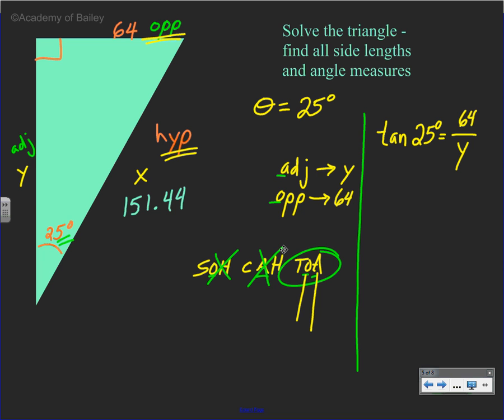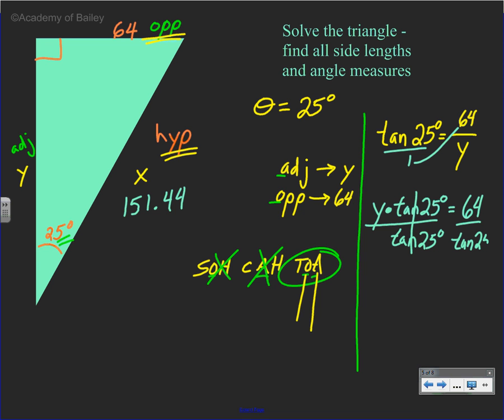And go ahead and work this out. y is going to be multiplied by the tangent of 25, and 1 gets multiplied by 64. And what's the opposite of multiplying by the tangent of 25? It would be dividing by the tangent of 25 degrees. It cancels out on the left, and you have to also divide by the tangent of 25 degrees on the right. So y is equal to 64 divided by the tangent of 25 degrees.